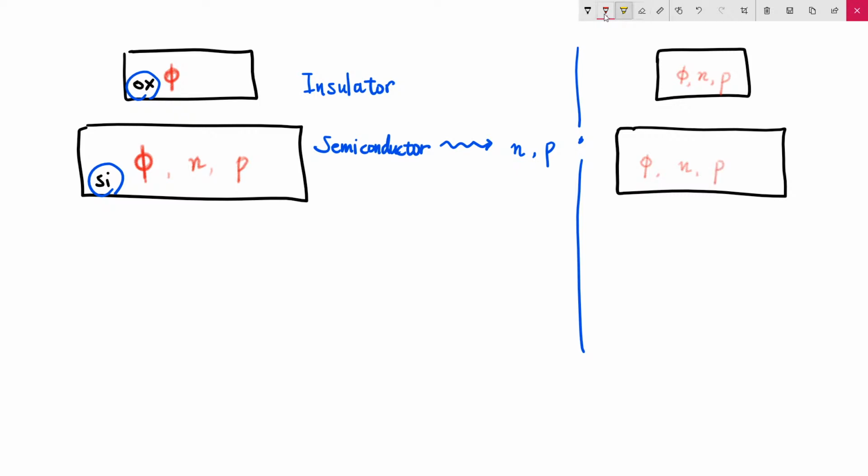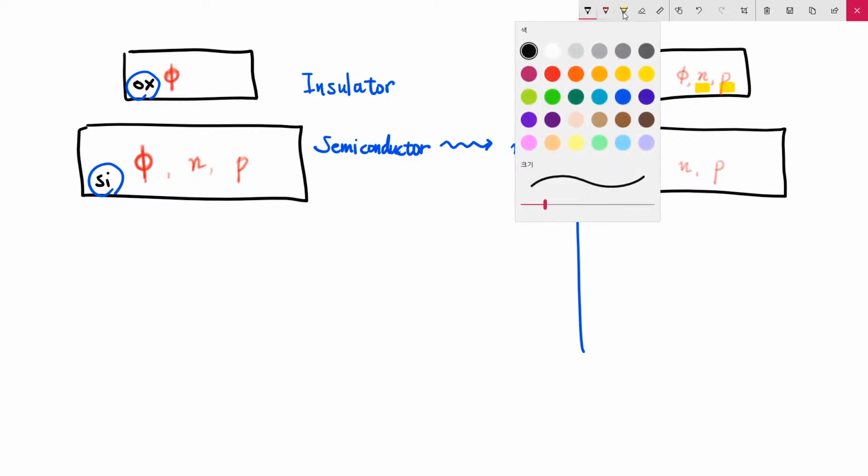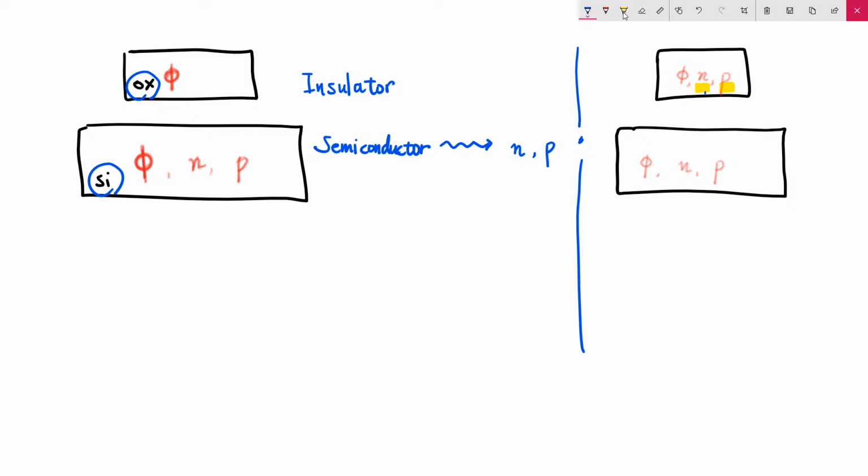And for these quantities, electron density and hole density in the oxide region, actually solving the continuity equations is not very convenient. So instead of solving the electron continuity equation, just impose these vanishing density conditions for them. So please compare them.